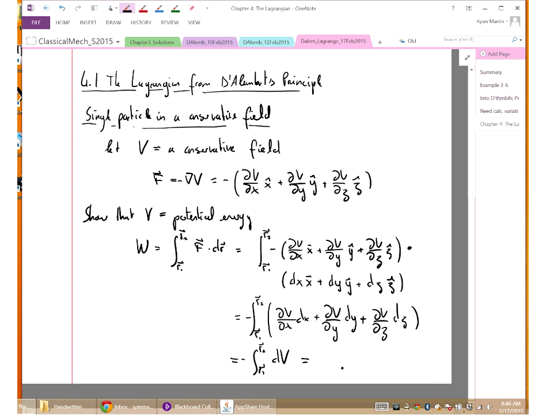So the integral of dV is easy. That is just V. And so when I evaluate the integral, I have V at R1 minus V at R2.